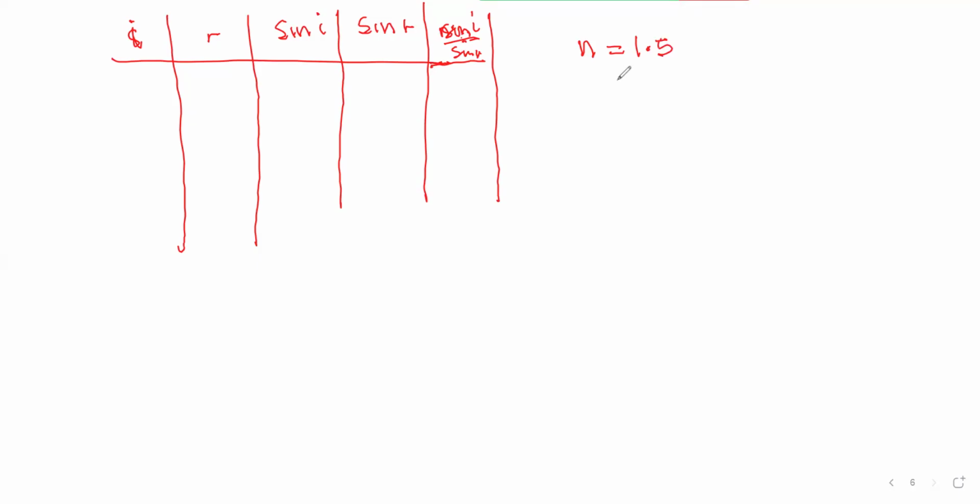The instruction was that after finding sine I, sine R, plot a graph of sine I on the vertical against sine R on the horizontal. So I was actually expecting that you plot this information on a graph sheet.